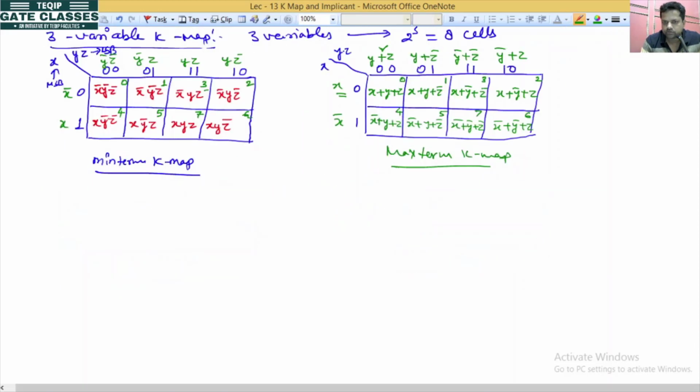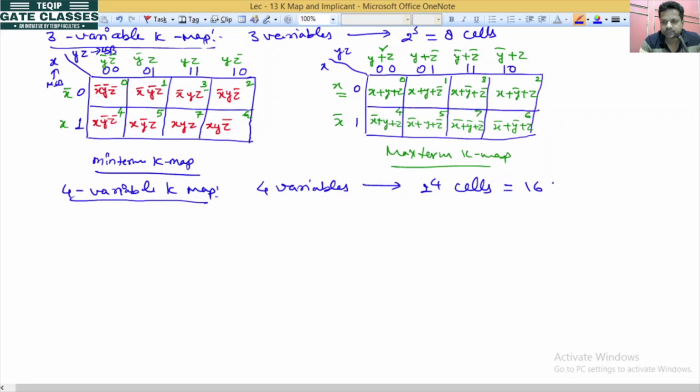Now we move to the 4 variable K map. How does it look like? Again we know that if we have 4 variables, how many cells will there be? 2 to the power 4 cells. Okay na?